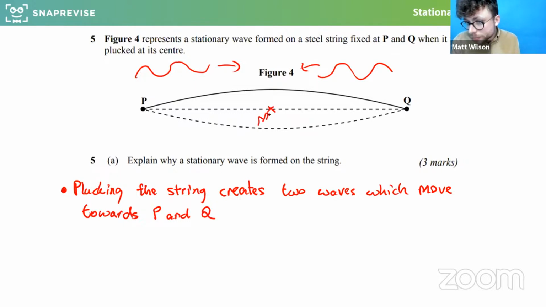I'll try and draw a hand plucking it, but it's going to be scary. There we go. We pluck the string and that sends a wave off to the right, sends a wave off to the left. The key thing is these will be reflected.